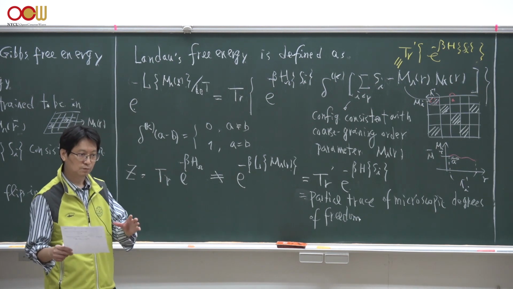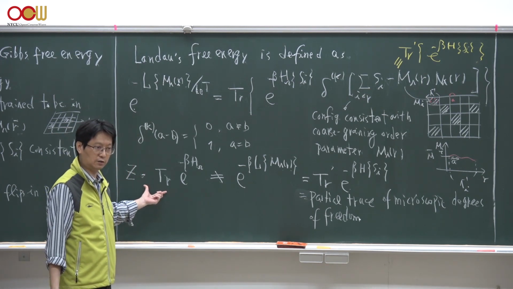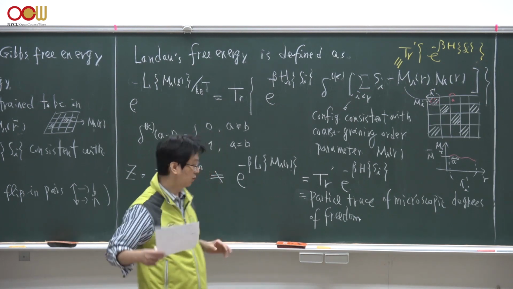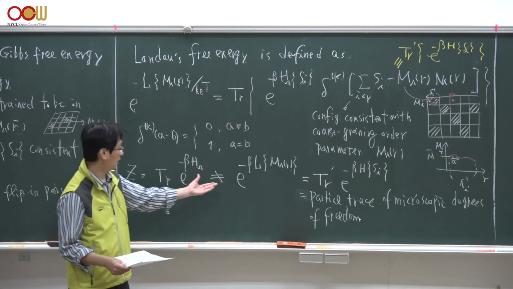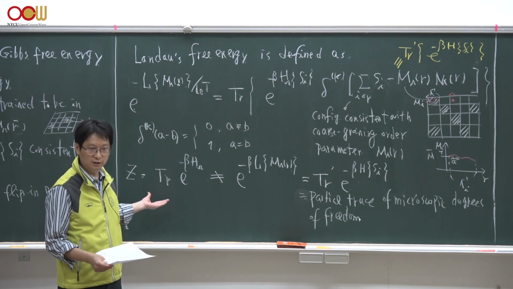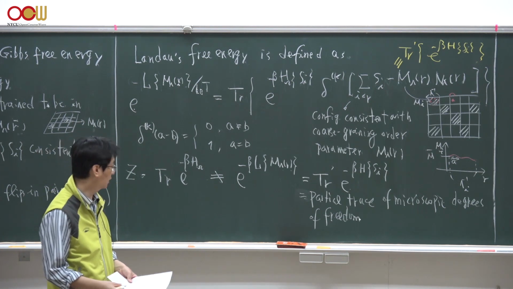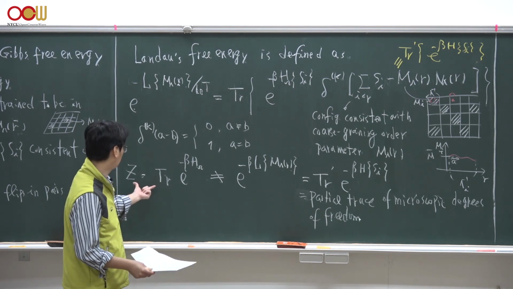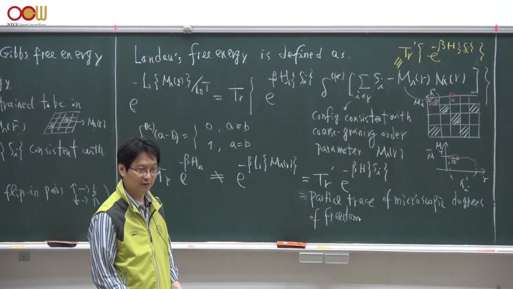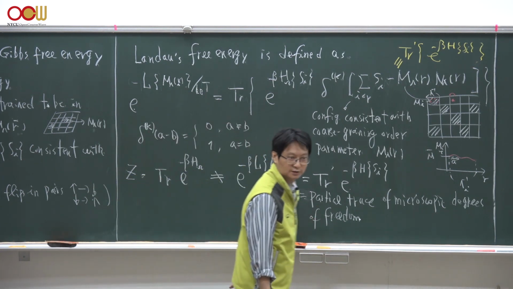It is simply a subset of all the terms that we should trace over when we calculate the partition function, just partial terms within the whole partition function Z. So this is not the same as the partition function, and therefore if we take minus kBT log Z, of course this Landau free energy is not the same as the Gibbs free energy, which is obtained from the full partition function. Landau free energy is only a partial trace of this partition function, and that explains why it is not the same as the Gibbs free energy.